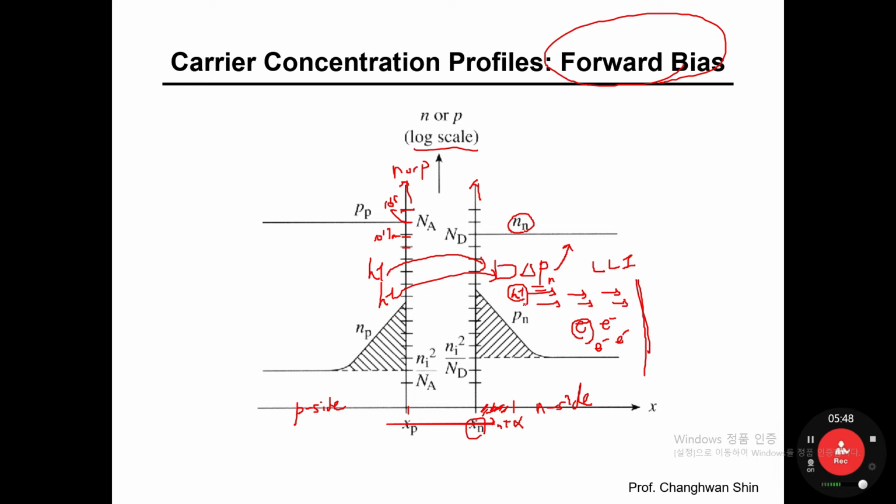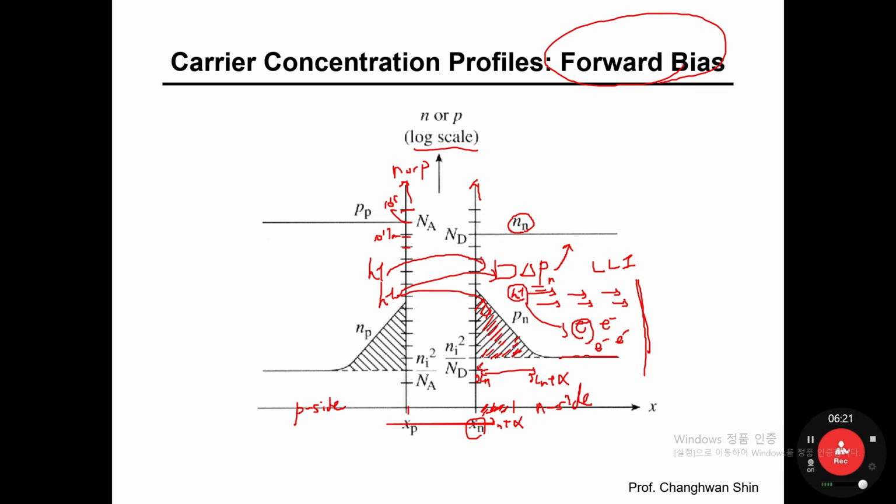But before all the holes are annihilated with electrons, in this region, from xn to xn plus alpha, some amount of holes would be accumulated, more than the equilibrium hole concentration in the n side, because a small amount of holes are injected near the depletion layer.